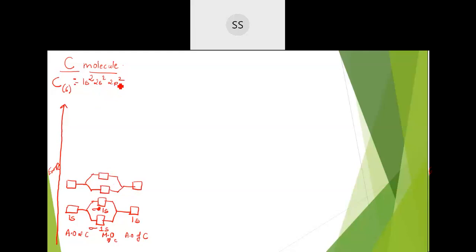Now next one is the 2p orbital, and you know p orbital has three divisions. So see how to draw when you are coming for the p orbital. P orbital has three divisions, so I am writing three divisions over here, and then again three divisions on this side. Students, can you tell me now, if these three orbitals of one atom of p orbital are going to overlap, what are the types of bonding you'll be getting?